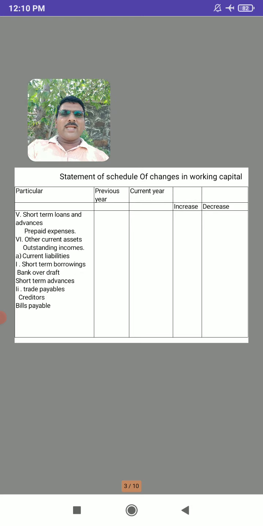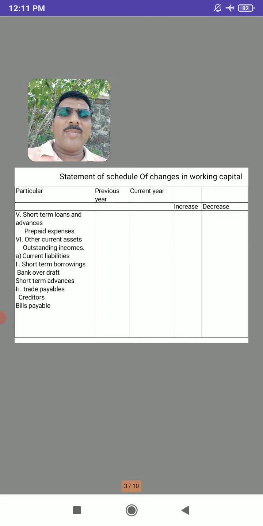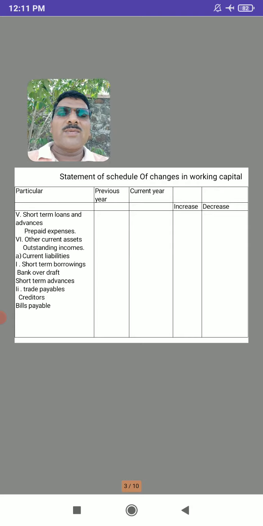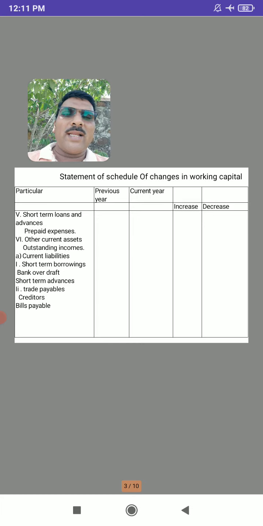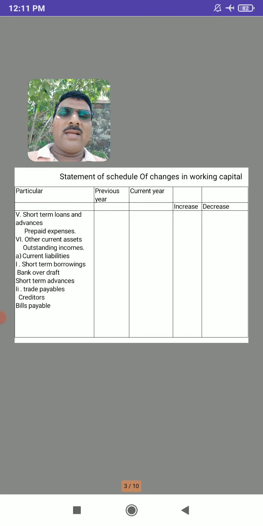We can nominate the current assets as A or Roman 1, anything, because at the calculation of decrease or increase in the working capital, we have to deduct current liabilities from current assets to find out working capital. So therefore we name current assets separately as A, and current liabilities as B.